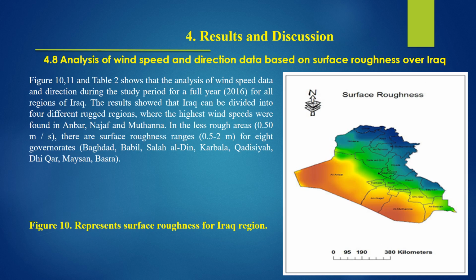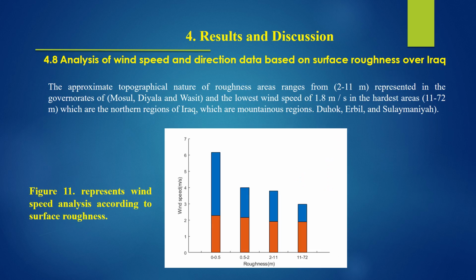Surface roughness over Iraq, as shown in figure 10, represents surface roughness for the Iraq region. Iraq can be divided into 4 different rugged regions. The first region has a surface roughness range from 0 to 0.5 meter.